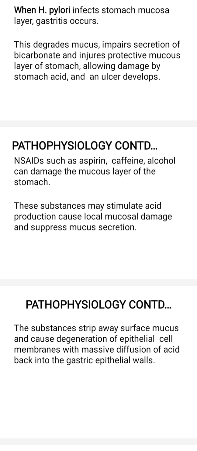So once someone is on these NSAIDs, they will inhibit the production, which means the cyclooxygenase enzyme won't produce prostaglandin, and prostaglandin is the one maintaining the epithelial layer, and this epithelial layer's function is to produce bicarbonate. Now, since this protective layer is not there, what will happen? There will be high production of hydrochloric acid, and there will be no production of bicarbonate.